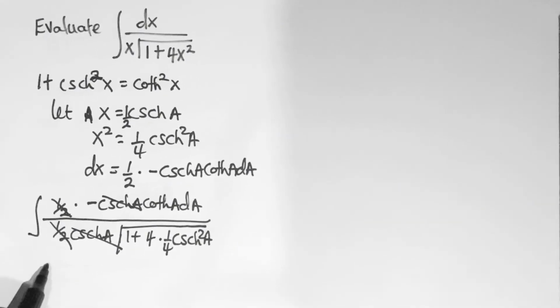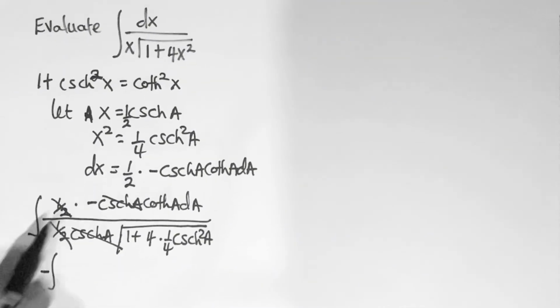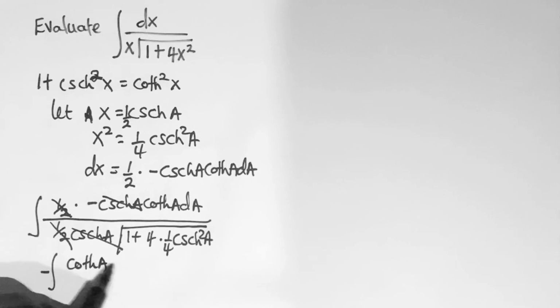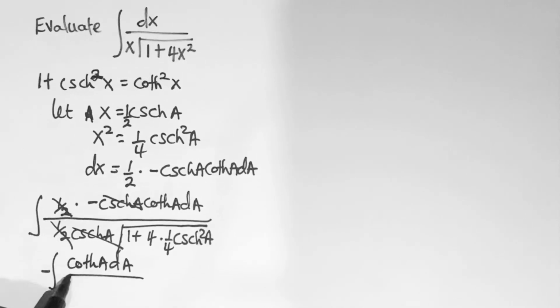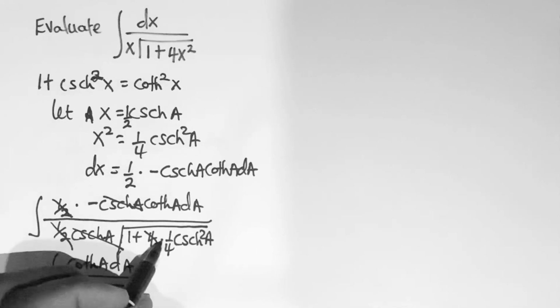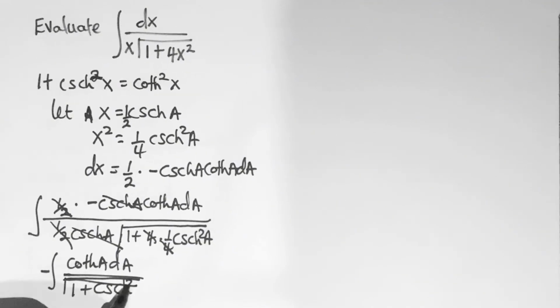So the integral becomes, let me pull this minus out, the integral of coth a dA divided by the square root of 1 plus, this 4 and this 4 will cancel, so we are left with 1 plus cosech squared a.